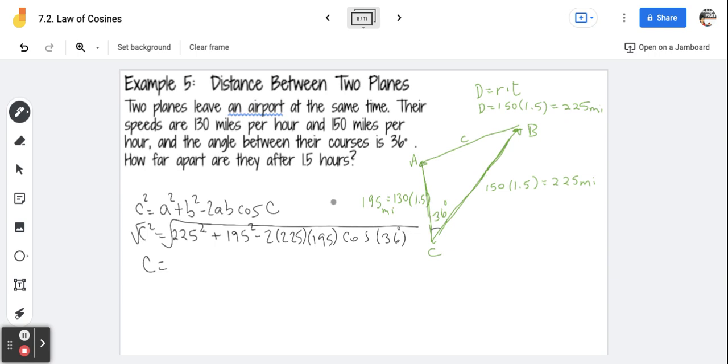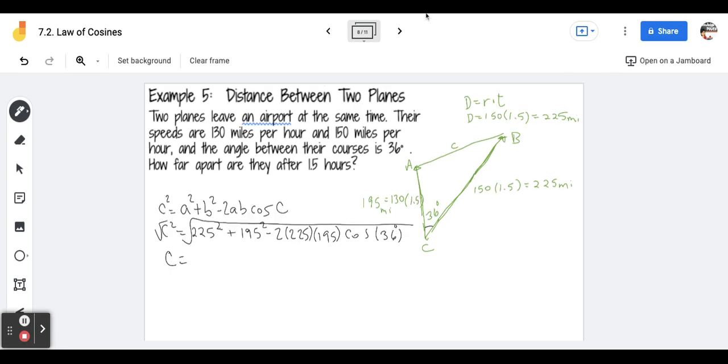So 225, 195, and 36 degrees. Just go ahead and put it under square root, make it easier.